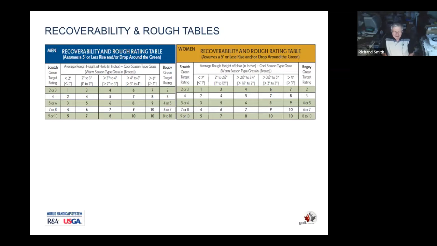How high is the mower set to cut the rough, and how often do they mow it? And are you talking about a climate that gets a fair amount of rain, or does the rough get a fair amount of water from the irrigation system compared to others? To come up with what we think the average rough height is going to be.